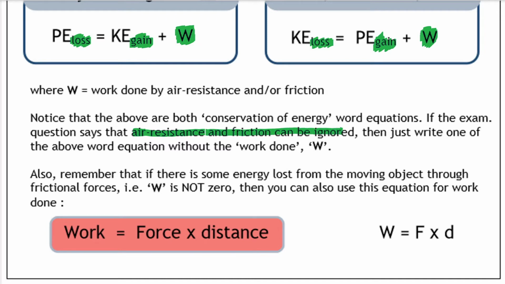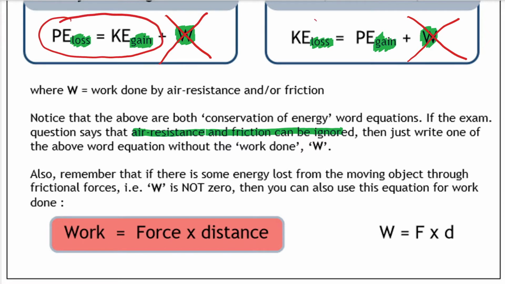If it says air resistance and friction can be ignored, what you do is forget about that work done. So that would mean simply that potential energy lost is kinetic energy gained when the ball is falling down towards the ground, or that kinetic energy lost equals potential energy gained when the ball is bouncing back up.